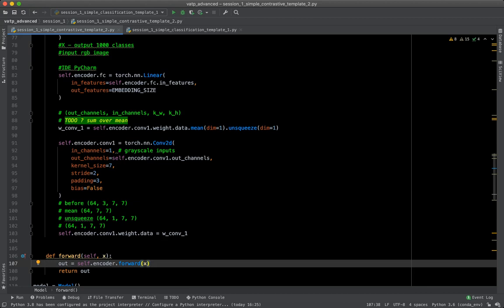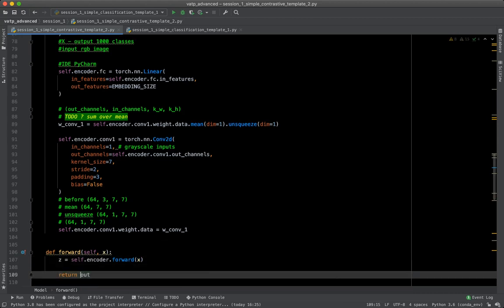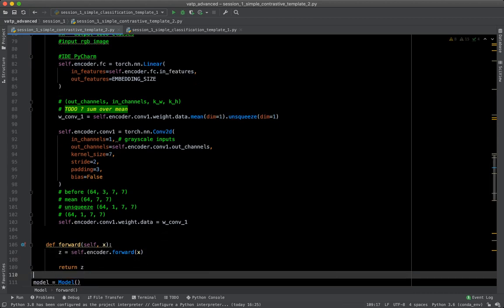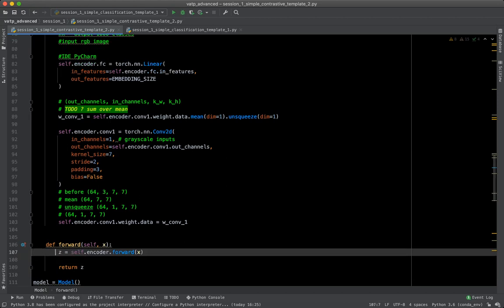So this will actually be a z. So this will be our embedding, and this output should not be a probability distribution. This should be some latent vector. That means a vector that is like a fingerprint. You can think of that like a fingerprint of your input features.